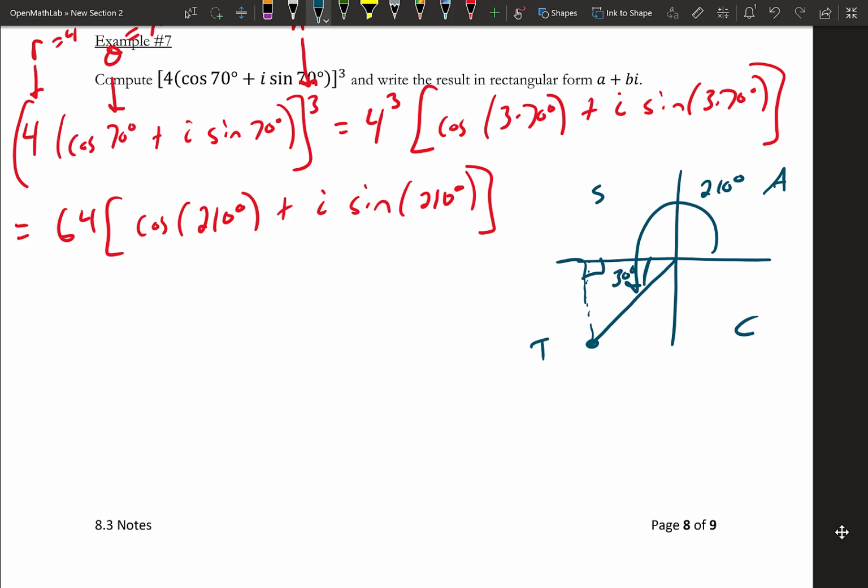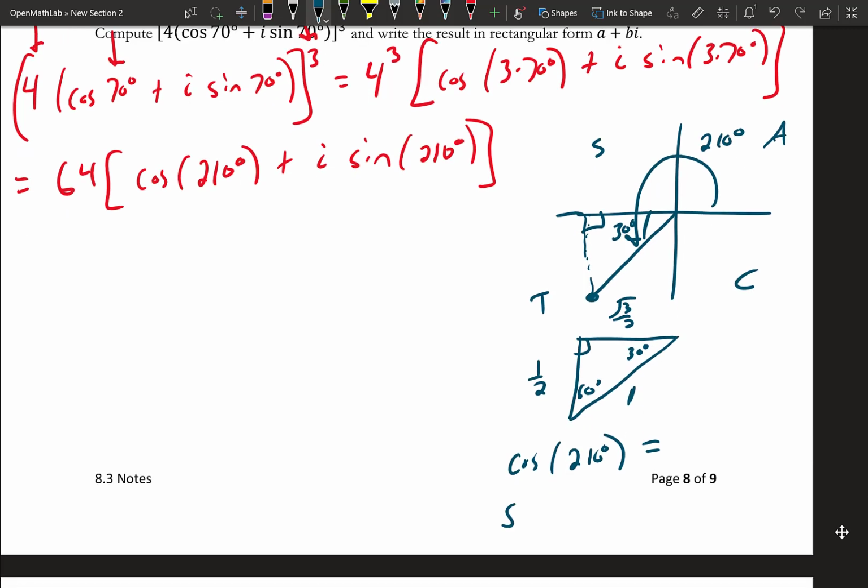If I take this triangle out of the coordinate system and draw my special right triangle, this side would be 1/2, this side is radical 3 over 2, and this is 1. So cosine of 210 degrees and sine of 210 degrees: in the third quadrant, the only things that are positive are tangent and cotangent, so both of these are going to be negative.